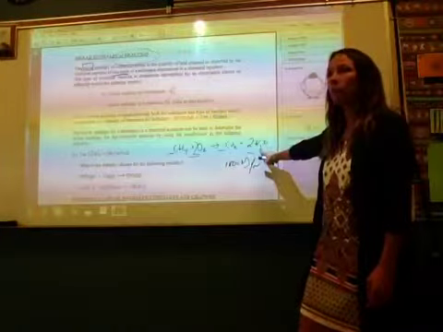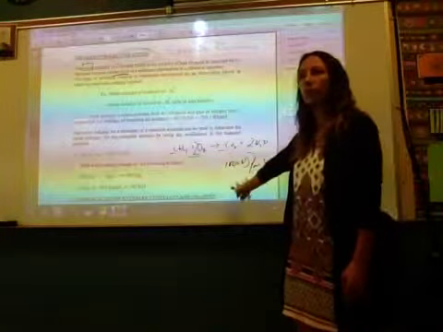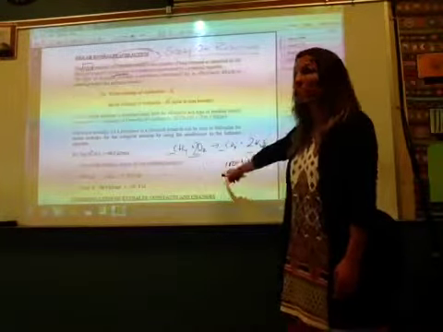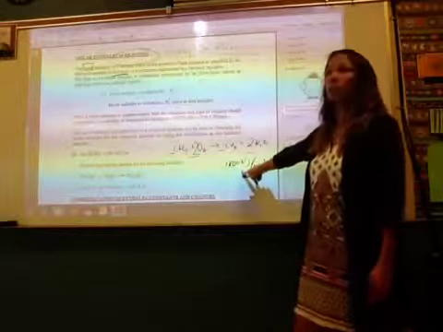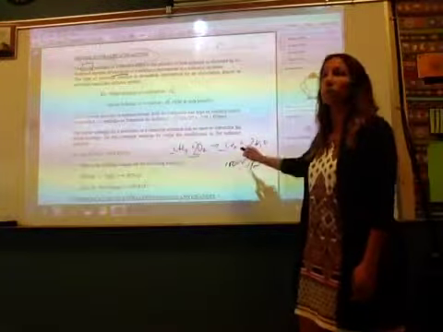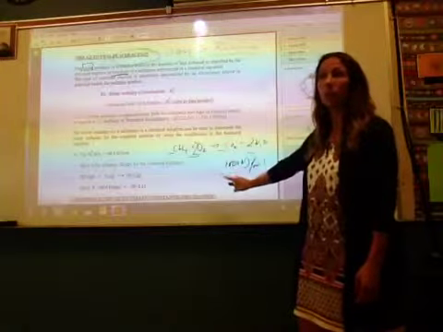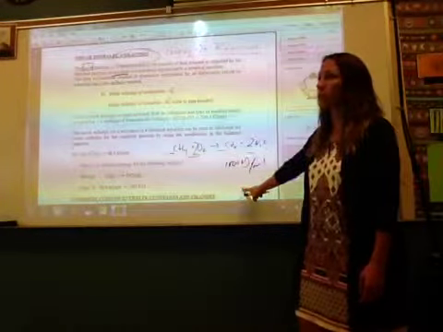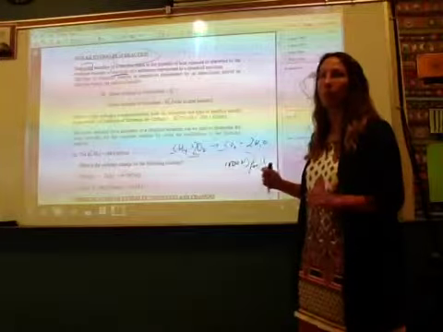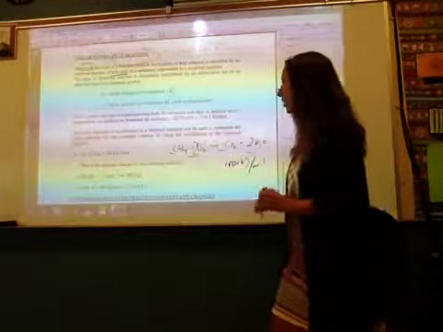How much did 2 moles of water produce? 1,000. So giving out 2 moles gave out 1,000. So 1 mole of water would give out 500. See how we can play with that a little bit? Because it's molar enthalpy.